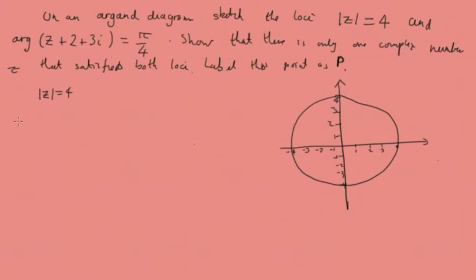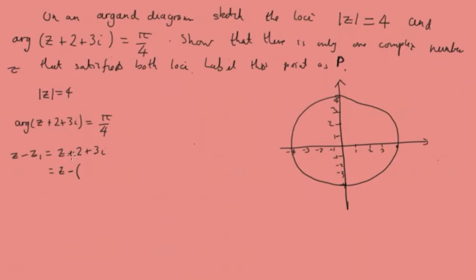Now, let's consider this. The argument of z plus 2 plus 3i equals pi over 4. So our z minus z1 equals z plus 2 plus 3i. So z, now we've got our minus, let's put this into brackets.